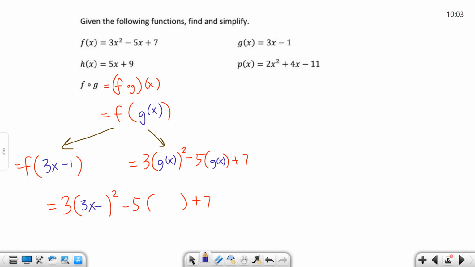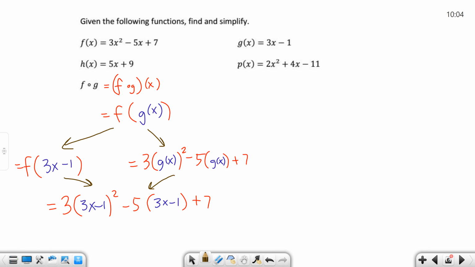So 3x minus 1, 3x minus 1. So this method goes back to this one, and watch what happens here. g of x is just that, right? This one goes in here, that g of x goes in there, right? So this one also goes back. So there's 1 step that could be different, okay?